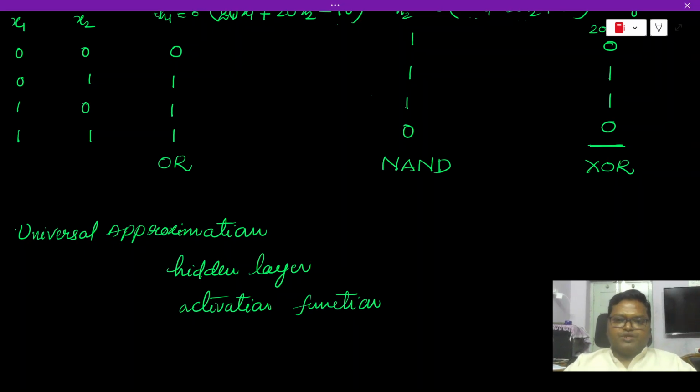You can predict that to any accuracy. This is known as the universal approximation theorem. So here what we have done is we solved the XOR problem with a hidden layer.